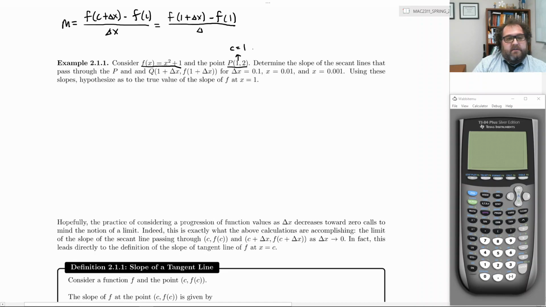over delta x. Okay, but what does it mean to have f of 1 plus delta x or f of 1? Again, this is going back to algebra class. That means evaluate the function at 1 plus delta x, or evaluate the function at 1. In fact, we need to do both. So let's evaluate both of those functions. Let's do f of 1 plus delta x.